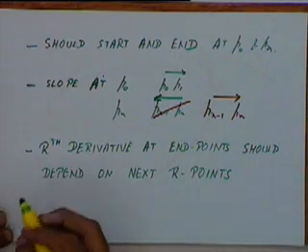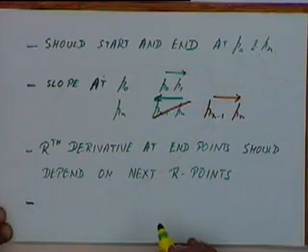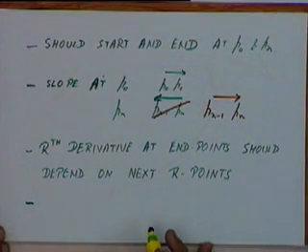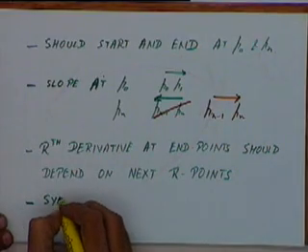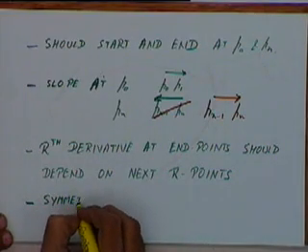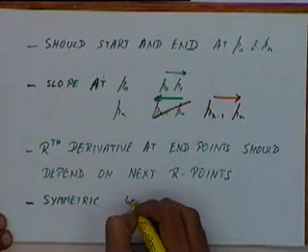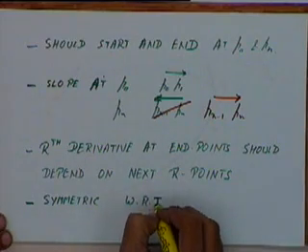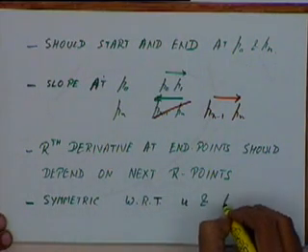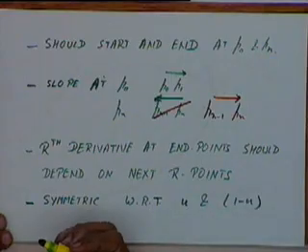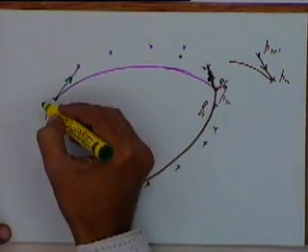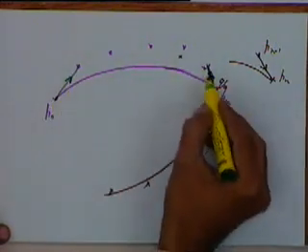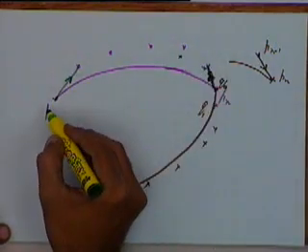And the next property that we want from these curves is that they should be symmetric with respect to u and 1 minus u. That means if I take this set of points, whether I specify these points in this order or in that order, my curve should remain the same.